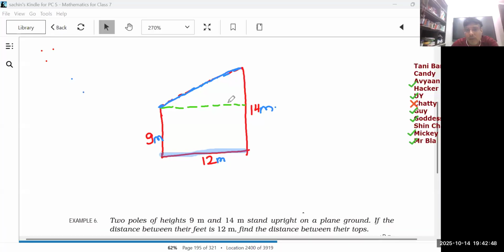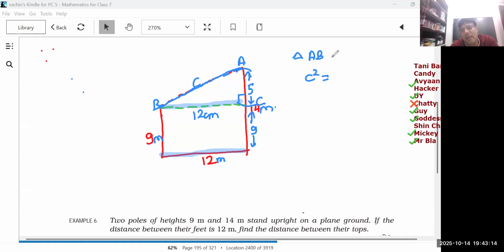So this also will be 12. So how much will be this? If I cut 9 from here, this also will be 9. I will be getting 5. So then in this triangle, let me call it ABC, I can apply Pythagoras.